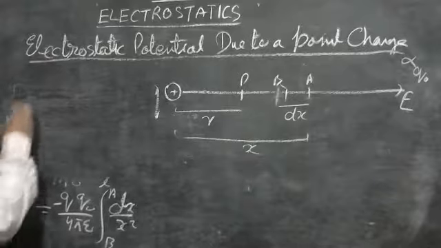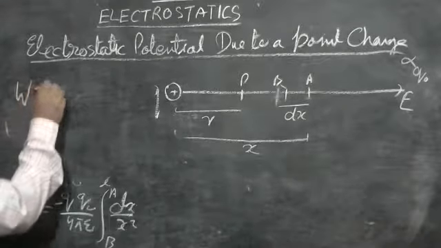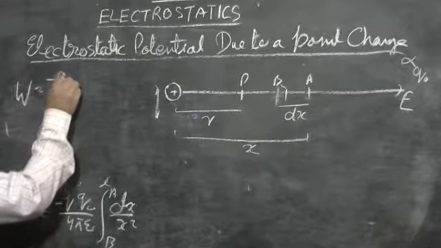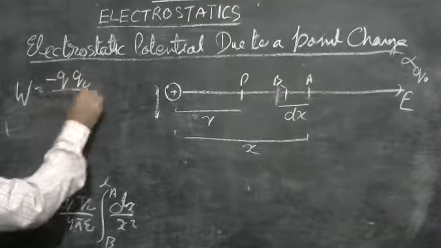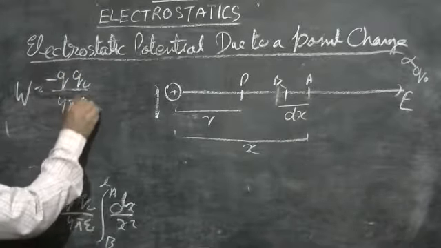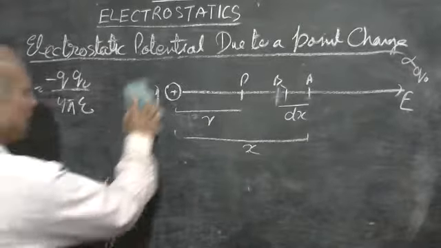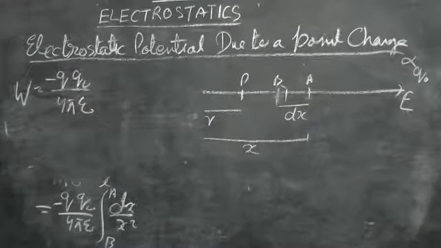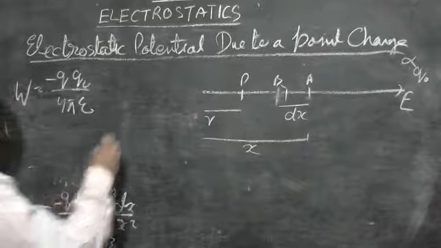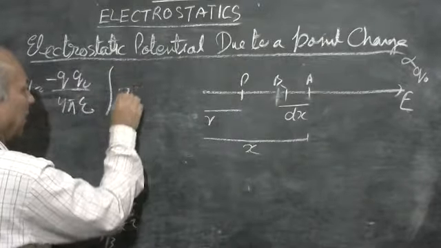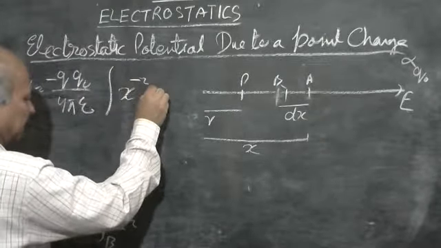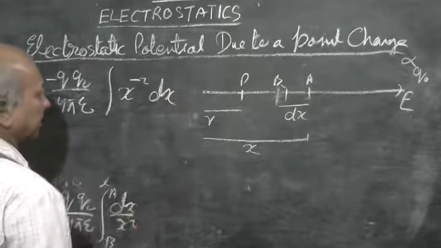Then work is equal to minus q naught upon 4 pi epsilon naught, x to the power minus 2 and dx.